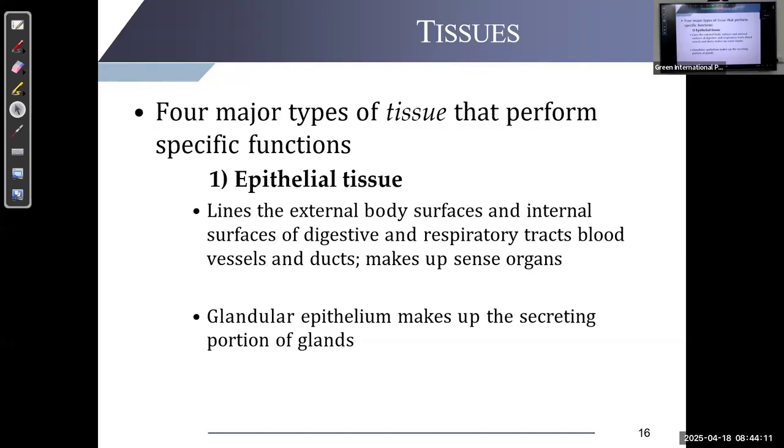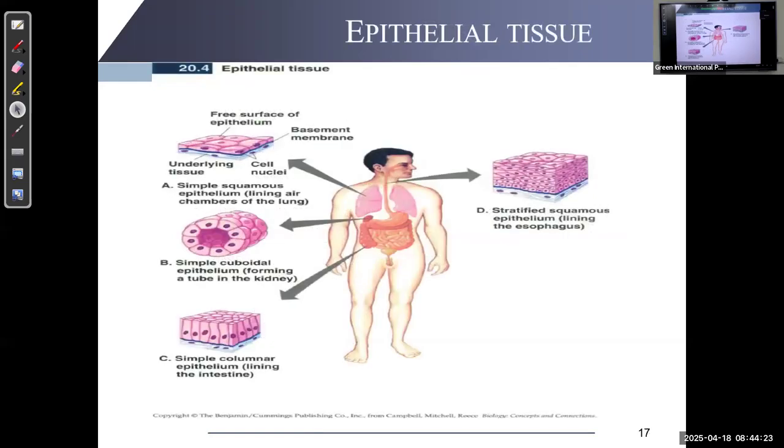Glandular epithelium makes up the secreting portion of glands. For epithelial tissue, I have given a few diagrams for you to understand. You can just go through them. Don't expect very deep questions like MBBS; it will be very mild questions on this anatomy and physiology.